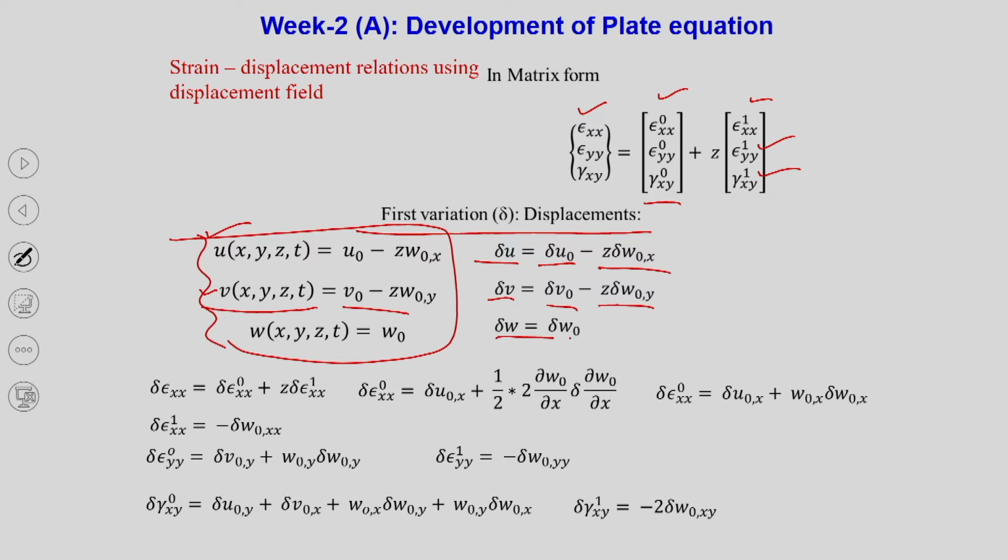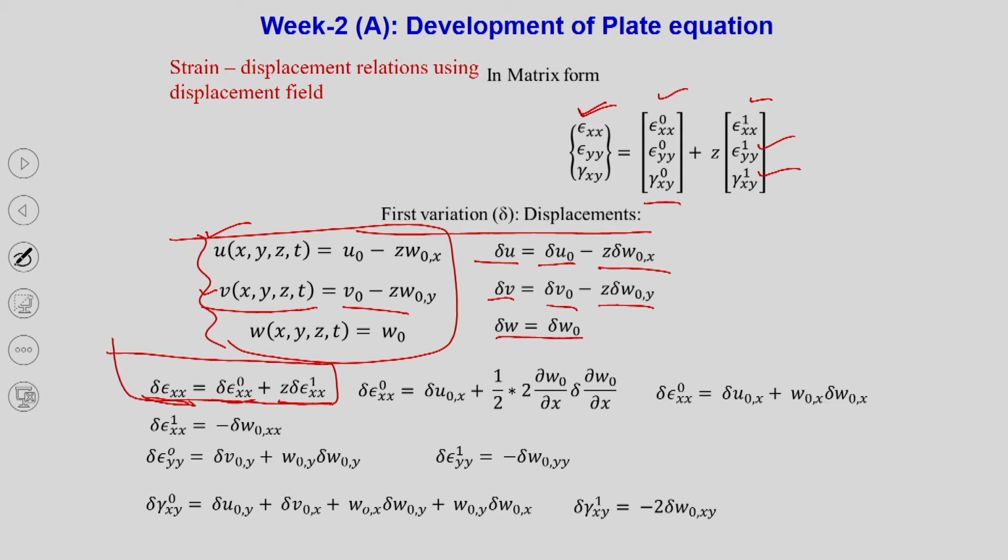Similarly, del w naught. Now, del epsilon xx will be del epsilon xx naught plus del epsilon xx of 1. Very easy to remember.